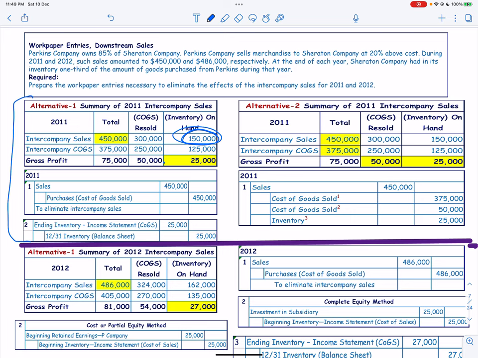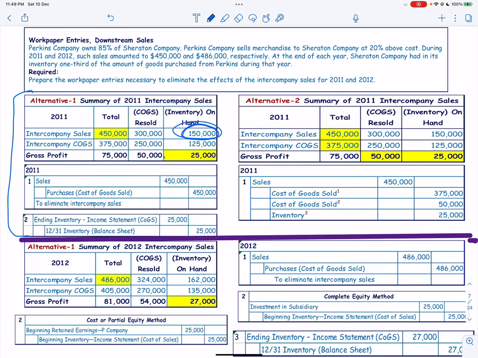And the debit to beginning retained earning is interesting. In determining the consolidated net income in the prior year, 25,000 was deducted from the reported income, and thus from the retained earning of the affiliated group by a work paper entry. I would repeat again that work paper entries are not posted to the ledger accounts.